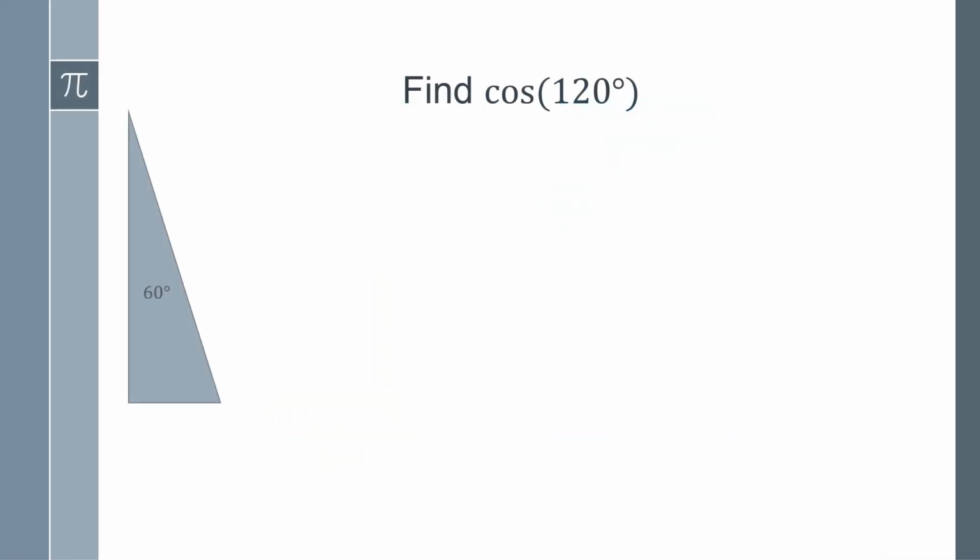All right, so let's find cosine of 120. How are we going to achieve that? Well, we need to find the reference angle. And we know that 120 is in quadrant 2, so it's going to be 180 minus 120, and that's going to be 60.